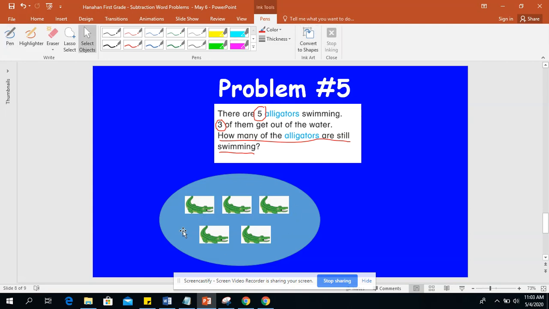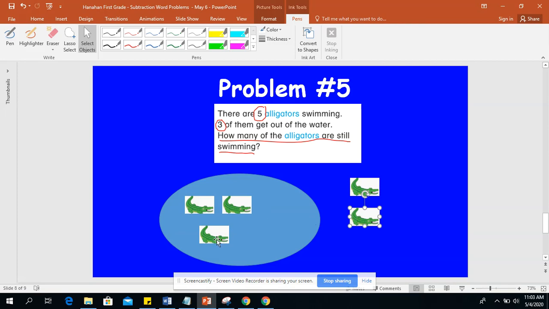So again, I have a picture here at the bottom to help us solve this problem. Here are the 5 alligators that were swimming, and we know 3 of them got out of the water. 1, 2, 3.